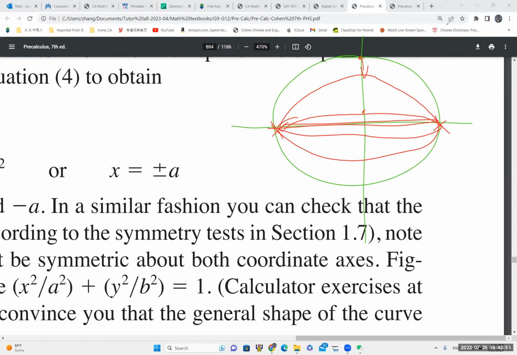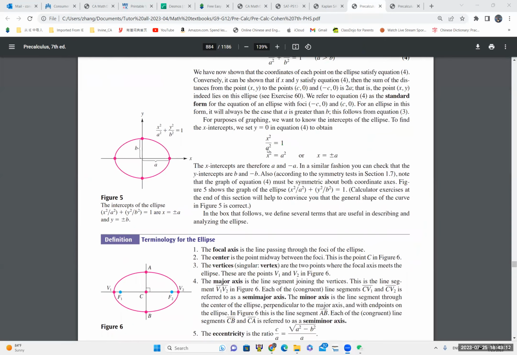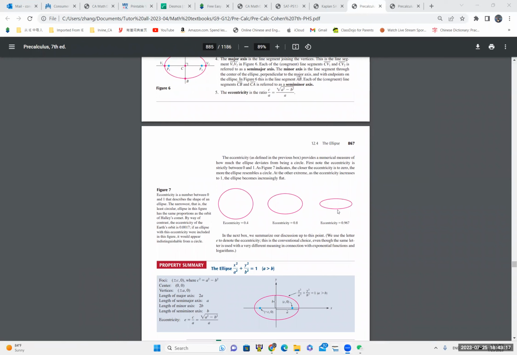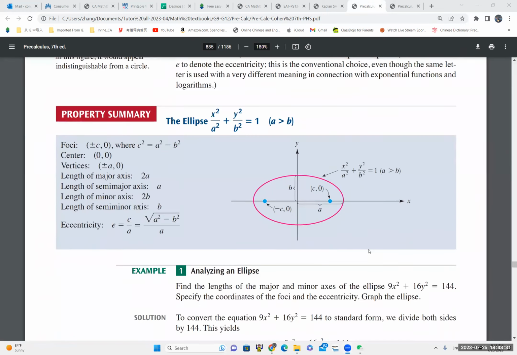So you know what I mean? Okay, then here may show something, right? This is still not a circle, but it is closer to a circle than the right two.